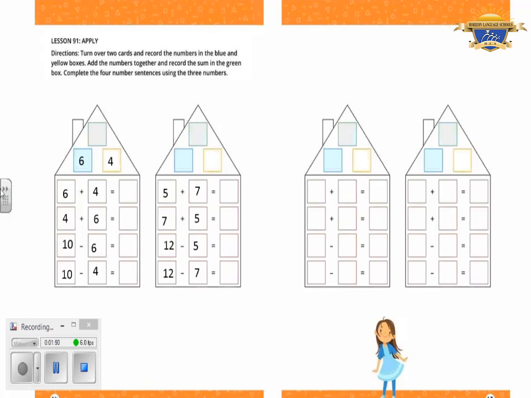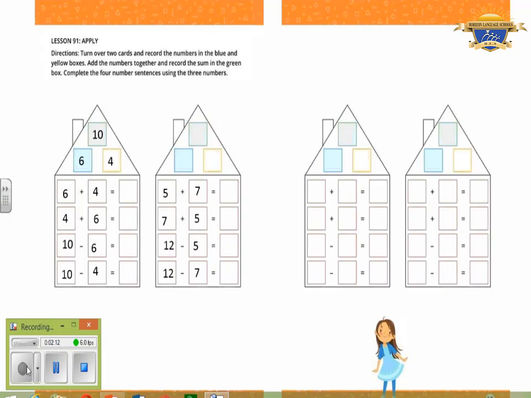So 6 plus 4 equals, excellent, 10. So we have here the 3 numbers. The 3 numbers we have here are 4, 6, and 10.